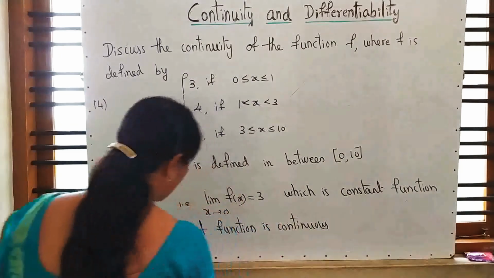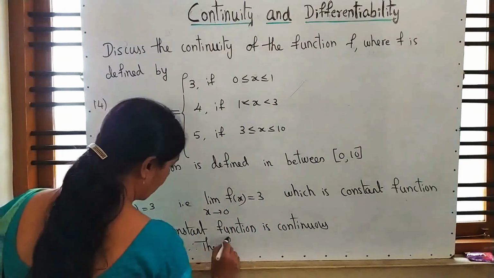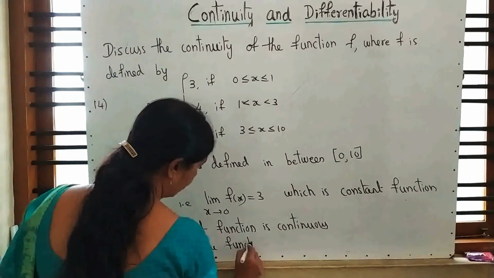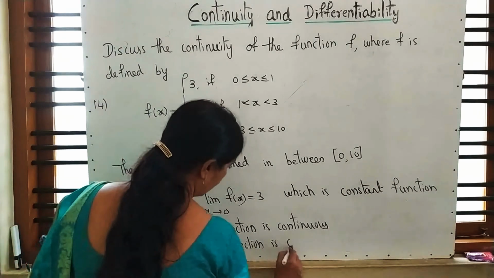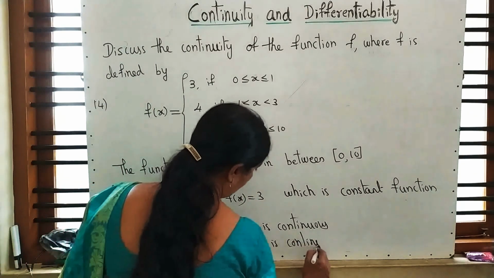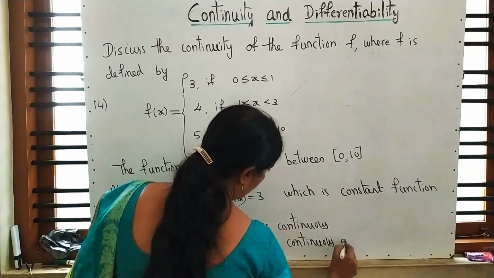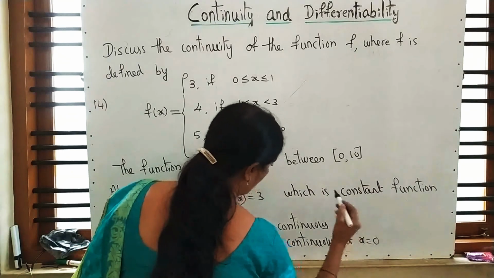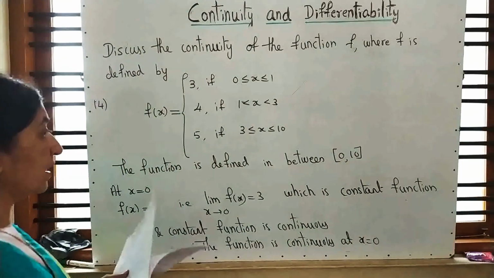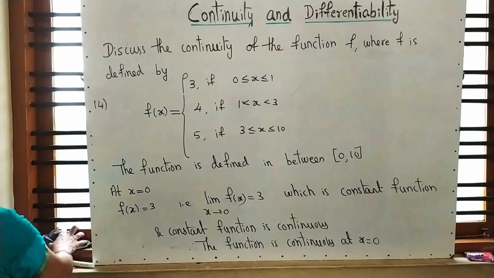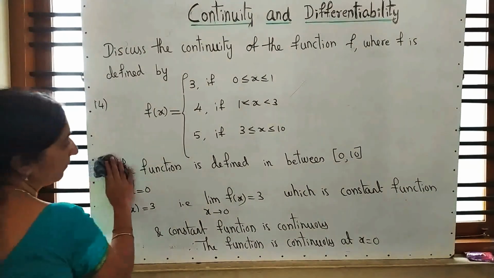Therefore, the given function is continuous. The function is continuous at x is equal to 0. Understood? Next, where we have to move? We have to move to x is equal to 1.